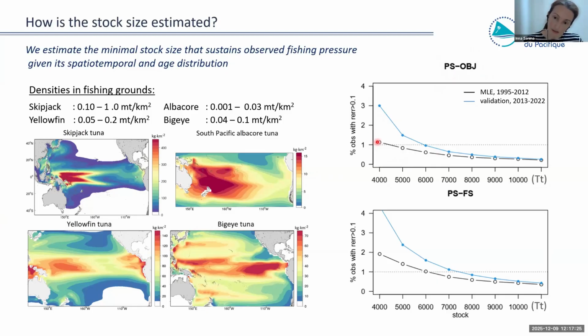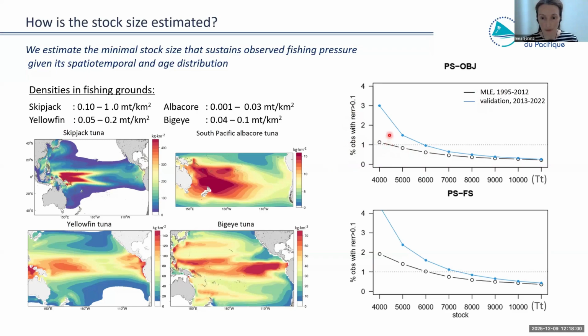Enough means that we fall below the threshold of 1% of observations with relative error greater than 10%. When I say percent of observations, I mean locally at 1 degree scale. And here the black curve corresponds to the MLE. So during the parameter estimation window, we see that 4 million tons is enough to sustain purse seine objects.